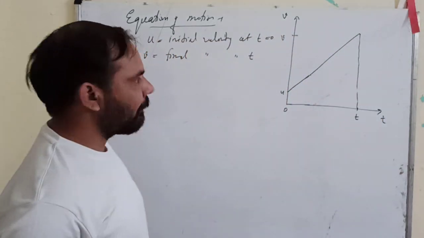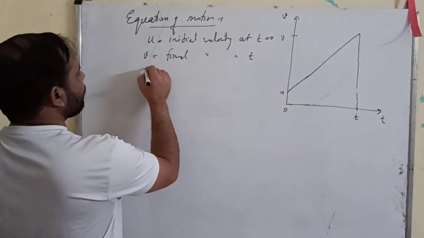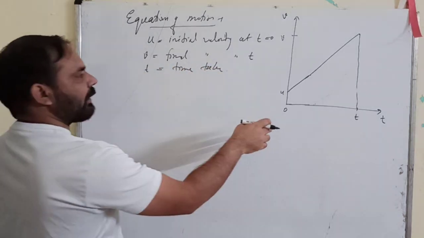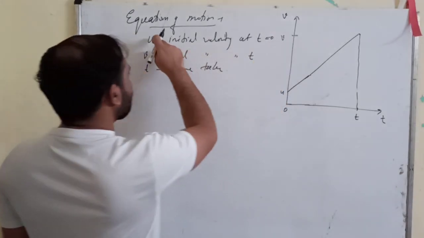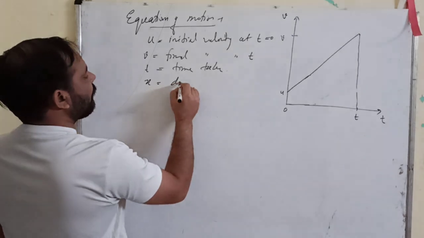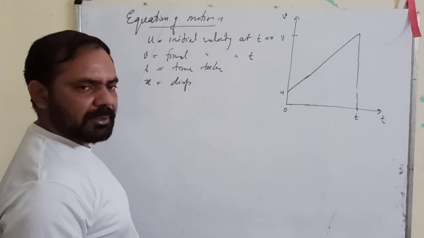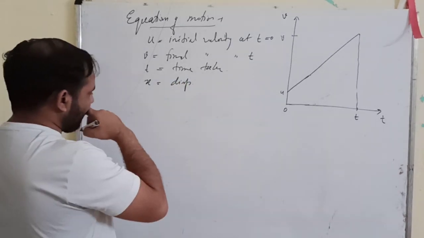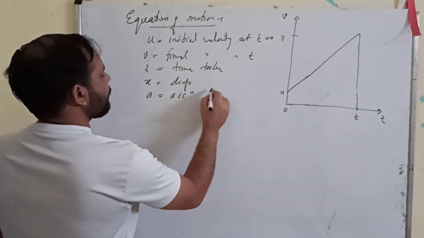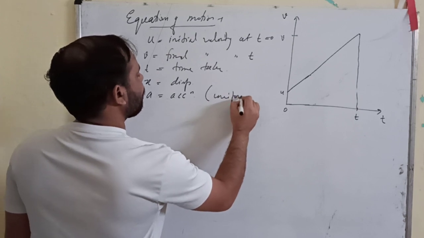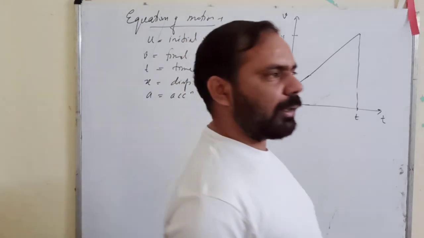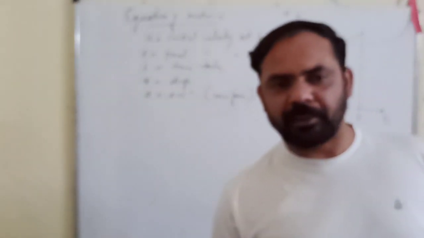Let us suppose that t equals the time taken by the object to increase the velocity from u to v. Let us suppose that x equals displacement. X is the displacement. And a equals acceleration, uniform. One thing you remember, these equations of motion are applicable for uniformly accelerated motion only.